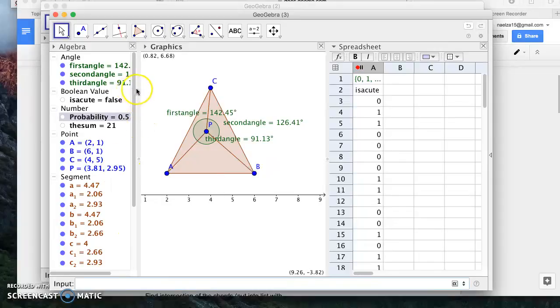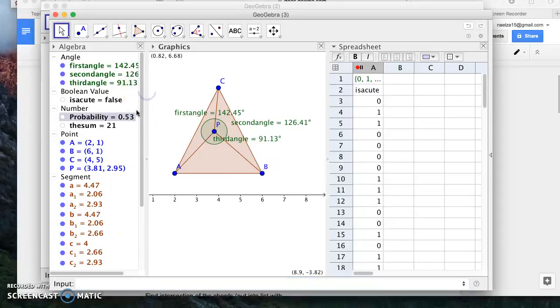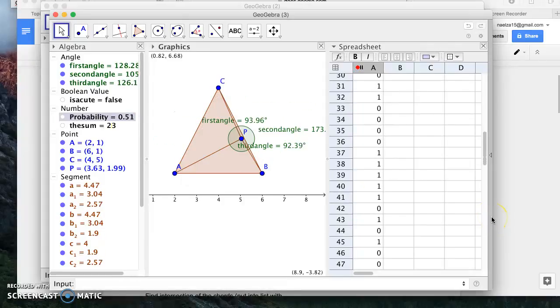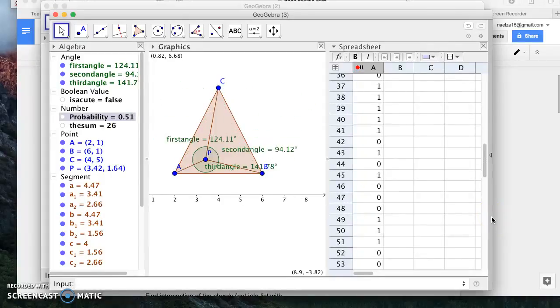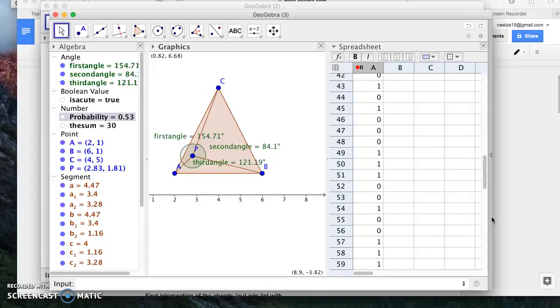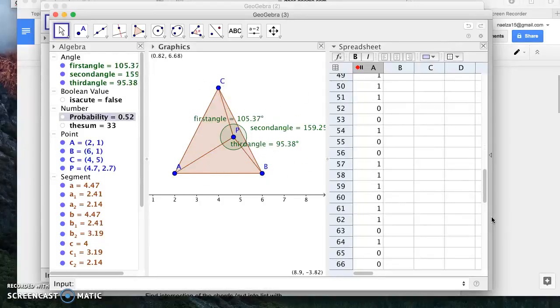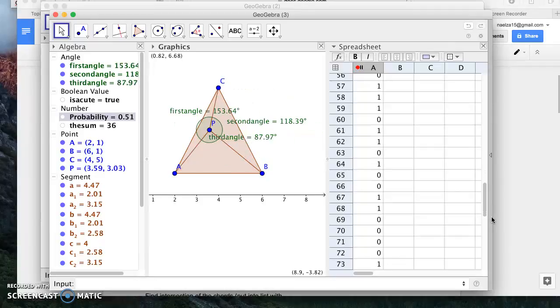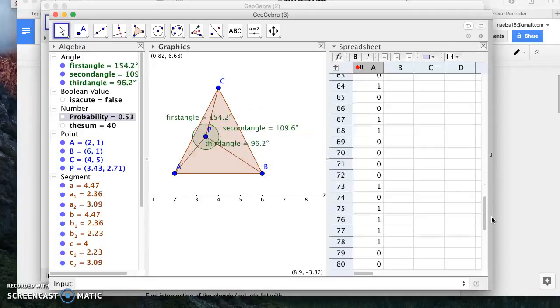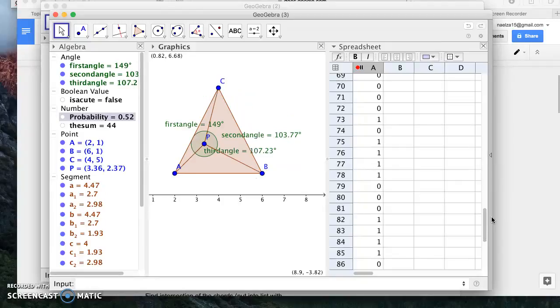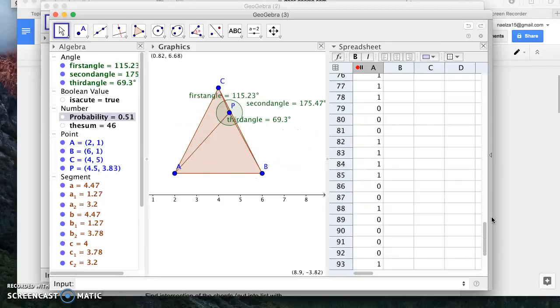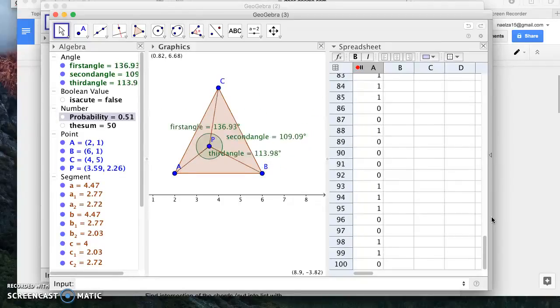So I get my probability, which is 0.53 at the moment, but if I continue to hit Command R and give me different outcomes, you can see it hovers between 0.53, 0.52, 0.53, 0.51, so it hovers around this halfway mark.